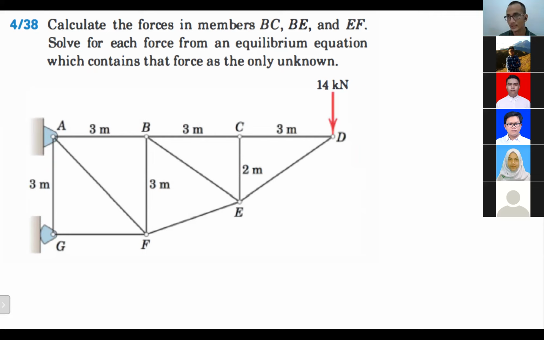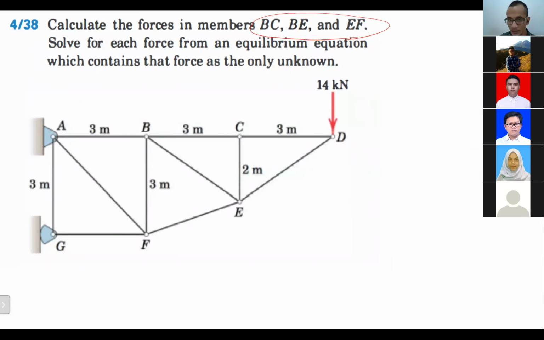Okay, so it's like this. Basically, the section method is very useful if we only have to find the force happening at certain members only. For example, the problem that we discussed yesterday, we only need to find the force at members BC, BE, and EF.